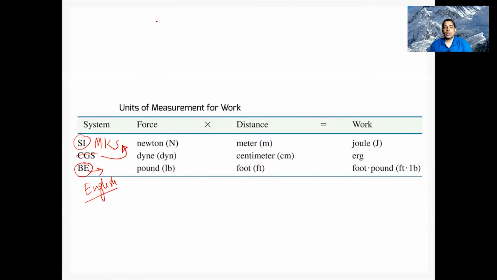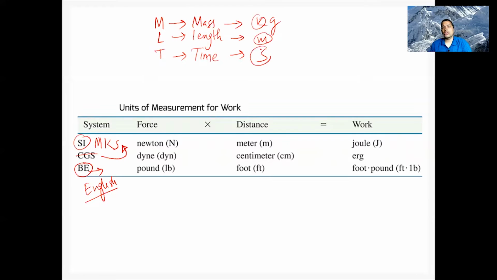MKS means mass in kilogram, length in meter, and time in second.